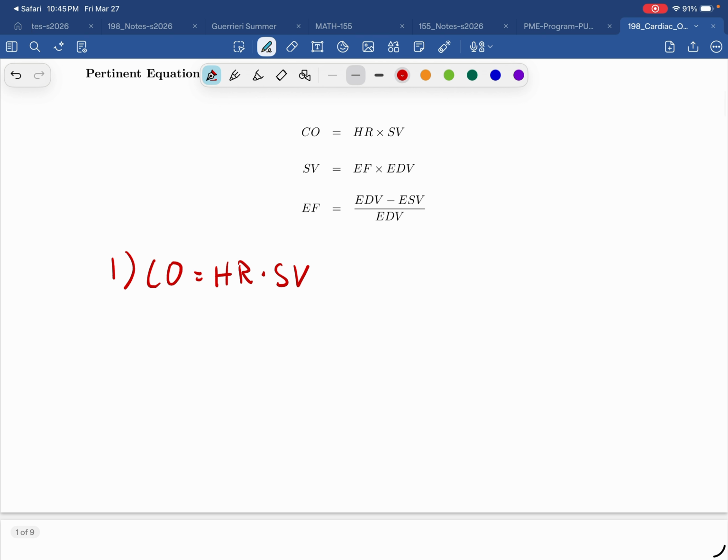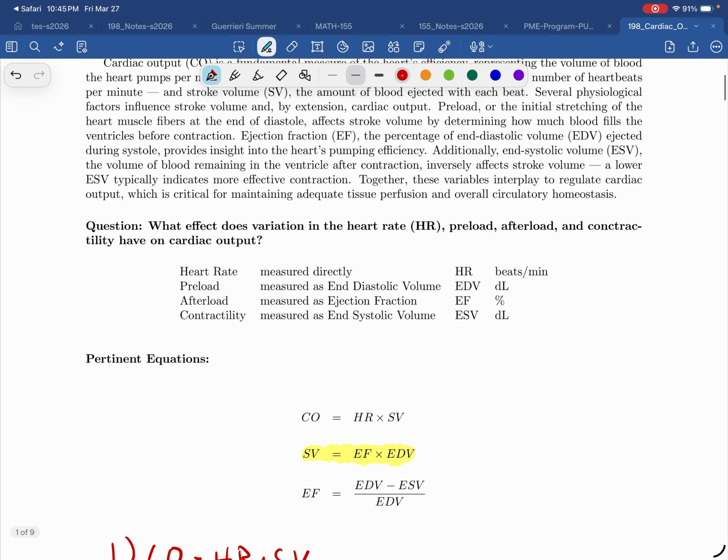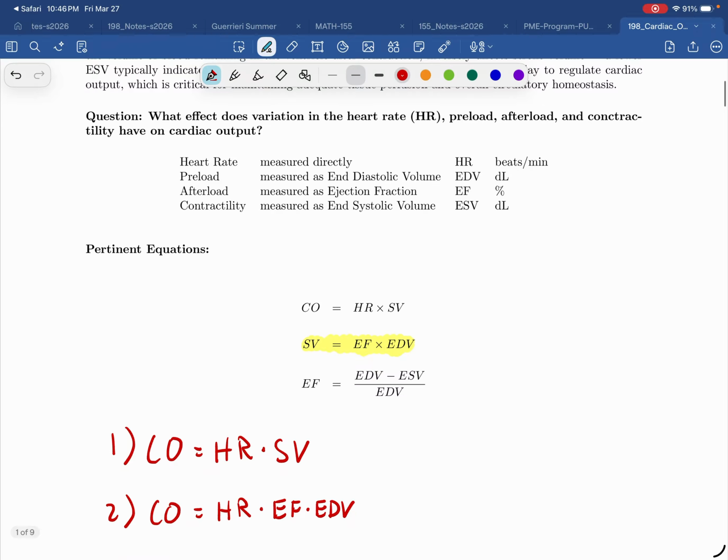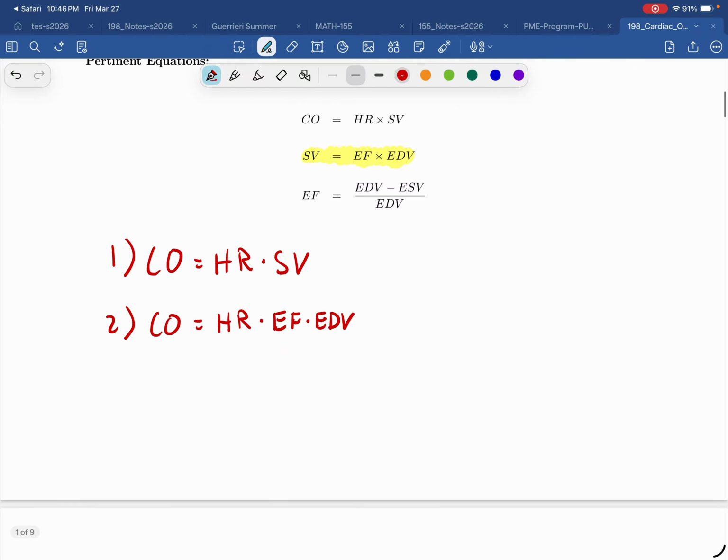But note that, I'll write equation 2 here, this is the same thing as saying heart rate times, and instead of stroke volume, we can substitute in this equation, which has ejection fraction and diastolic volume.